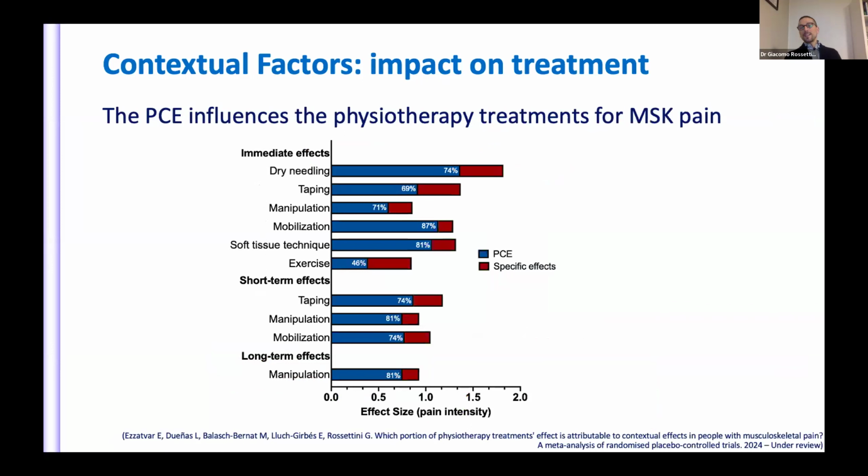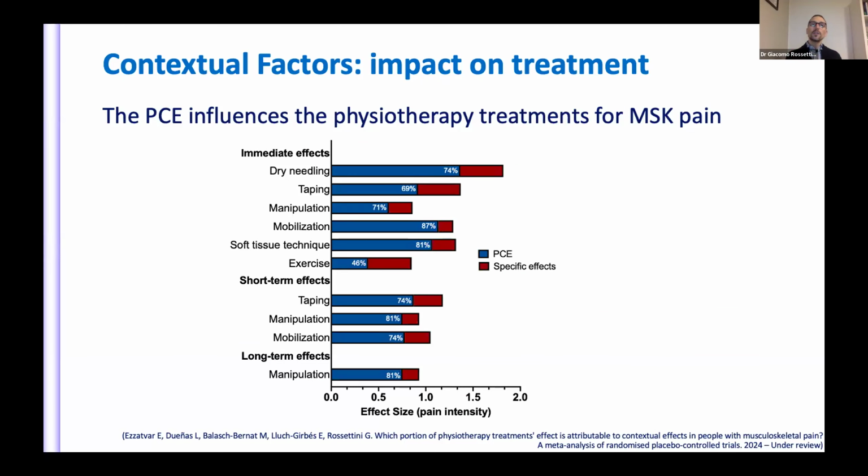With a group of Spanish researchers from the University of Valencia, we have asked what the percentage of contextual effects were for the different treatments used in physiotherapy and manual therapy for musculoskeletal pain management. And this meta-analysis is still under review, but I want to present our findings. We have analyzed two outcomes, pain and disability.